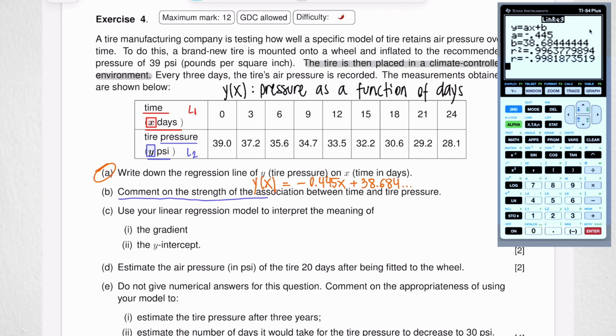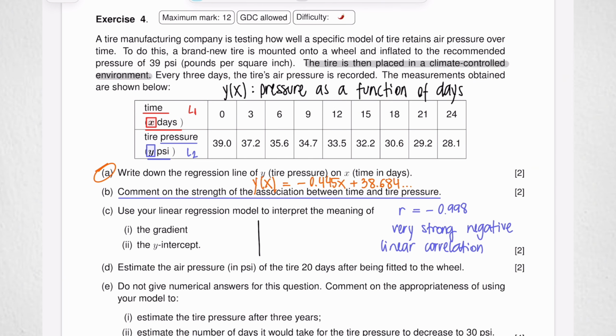And we can see how strong the association is by checking the value of r. R is negative 0.998, which is a very strong negative linear correlation. Now, what do the gradient and the y-intercept mean? We have each data point, which is represented over here by these little dots.